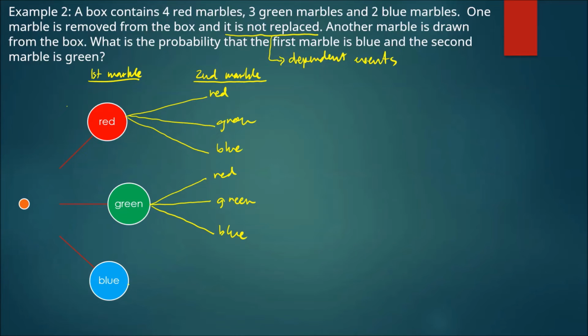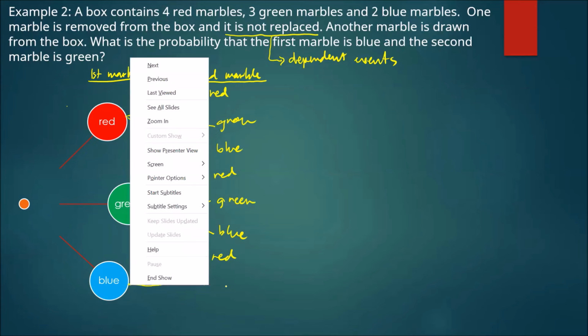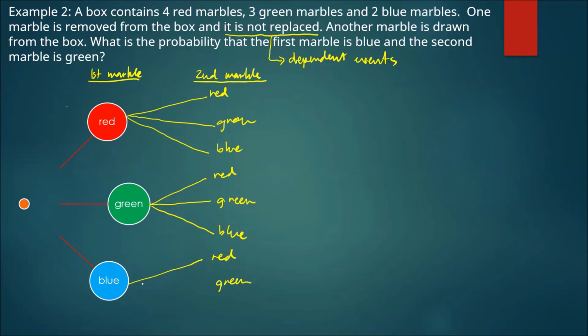Now, if our first marble is blue, it's still possible that we can get a red marble or a green marble for the second one, and it's still possible that our second marble is blue since there are 2 blue marbles.